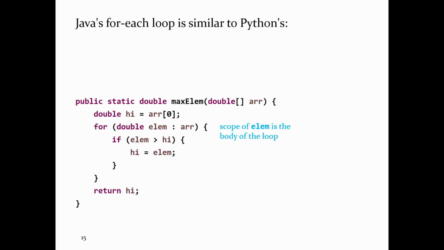So for each element in ARR. This is actually a variable declaration, so elem is a variable that you can use inside the for loop. All variables in Java have a type, so you have to put the type here. So for each double element in ARR, and now the rest of it is the same as the Python loop. So if you want to use a for each loop, you can.